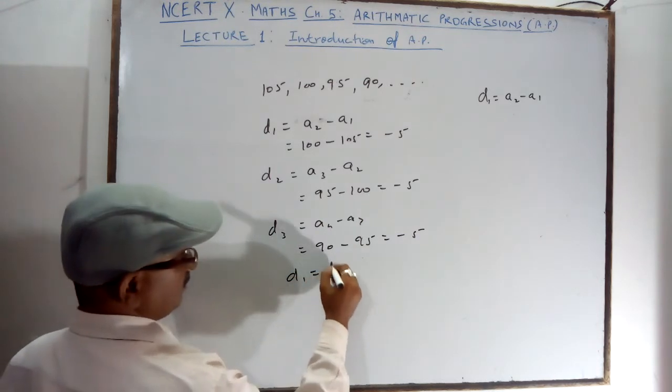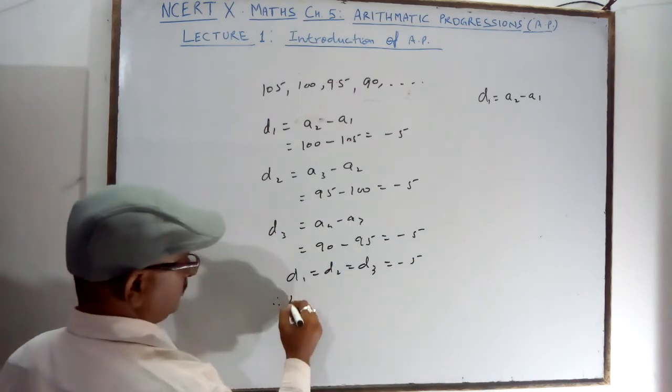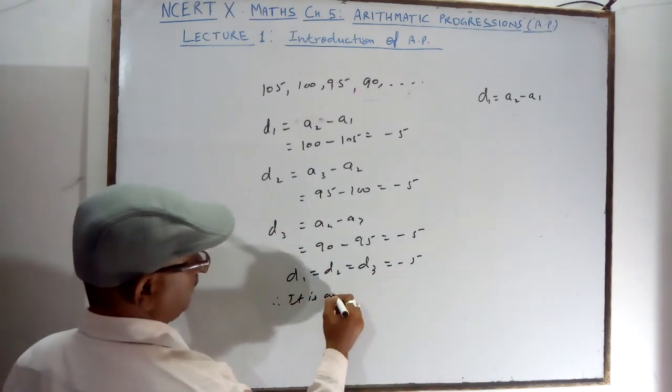So d1 equals d2 equals d3 equals minus 5, so it is an AP.